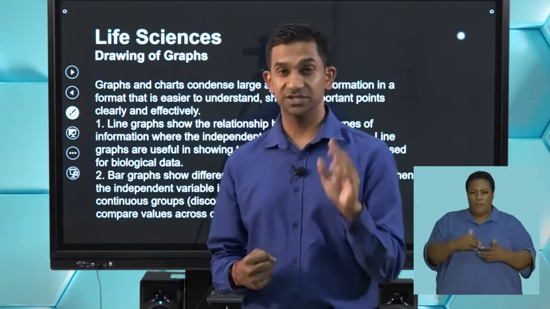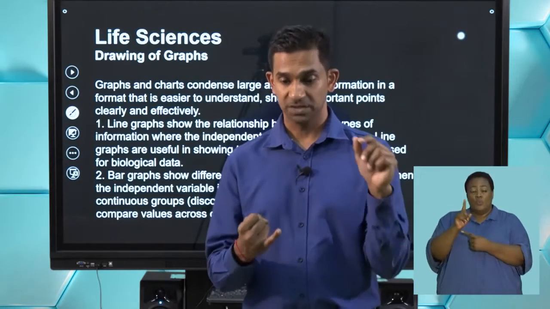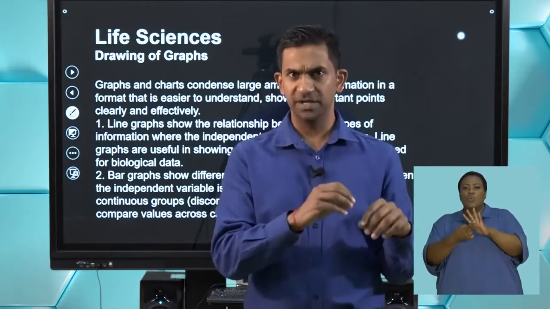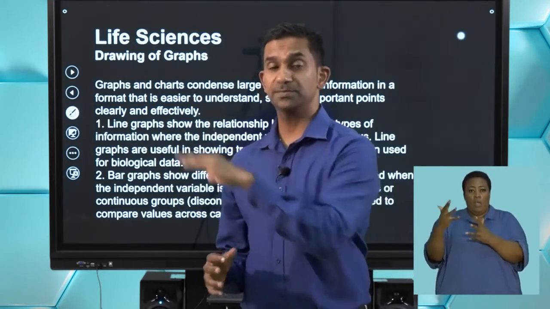So let's recollect on the types of graphs that you've been exposed to. We know what line graphs are, and line graphs tend to show how information is shared on a continuous basis.